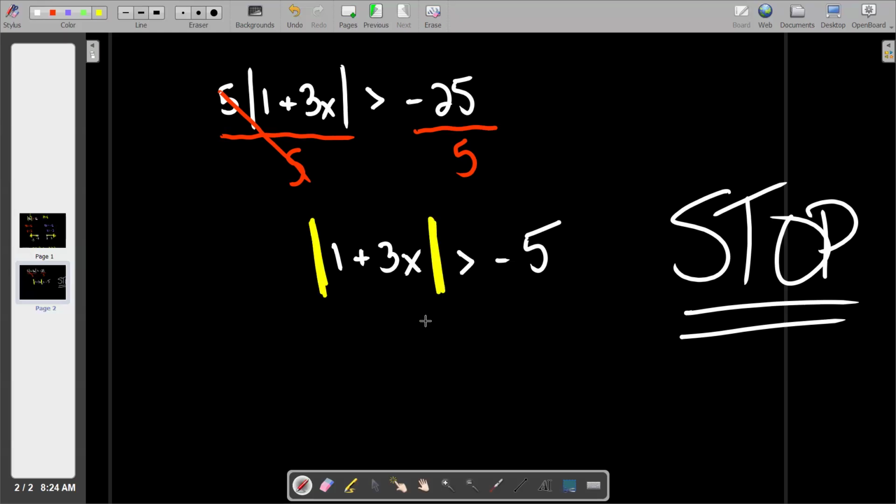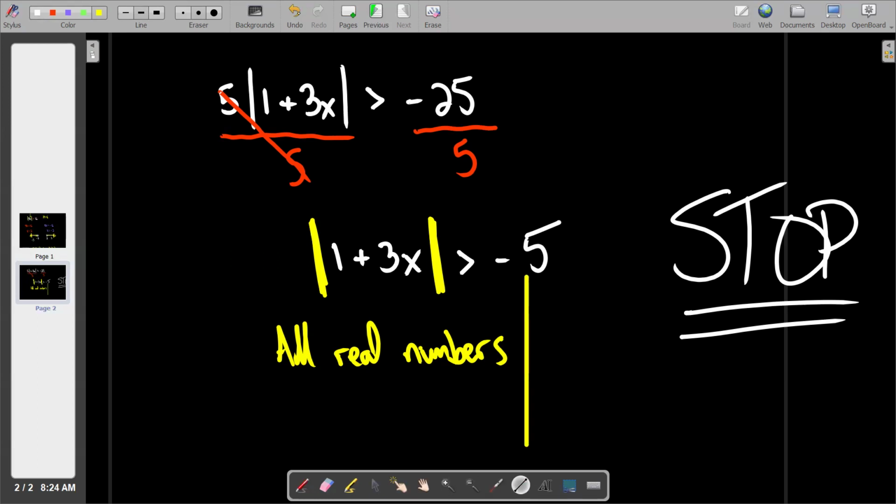A positive, or at the very worst, 0. So will its answer always or never be bigger than -5? Always. So the answer is all real numbers. You do not write equations. You do not try to find boundaries that have no meaning. You're done. And now what you need to do is make a graph.